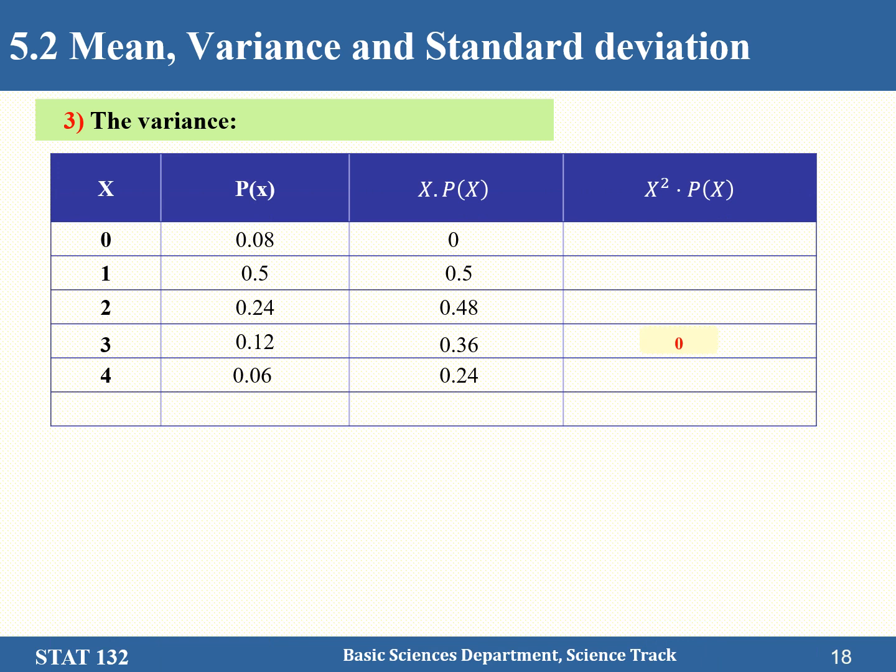Now let's look at the variance, and for the variance we need to calculate x squared times p of x for each. So here x squared, let me tell you, this is 0 squared times 0.08, and this is 1 squared times 0.5, and this is 2 squared times 0.24, and so on.